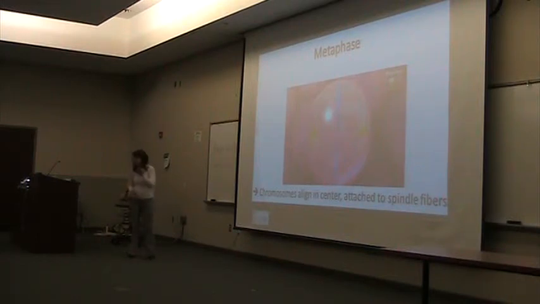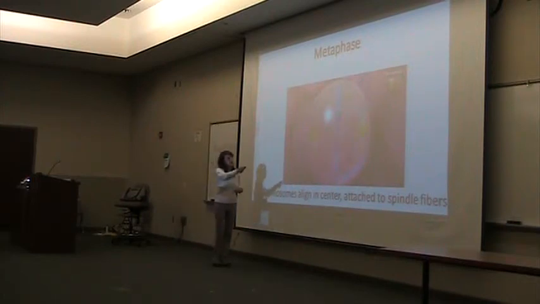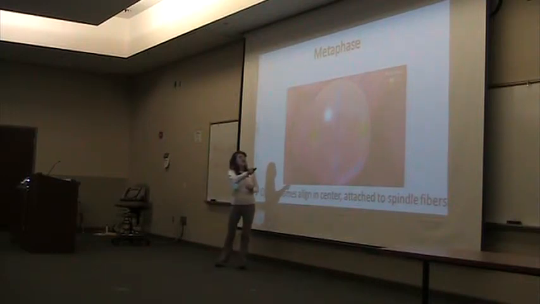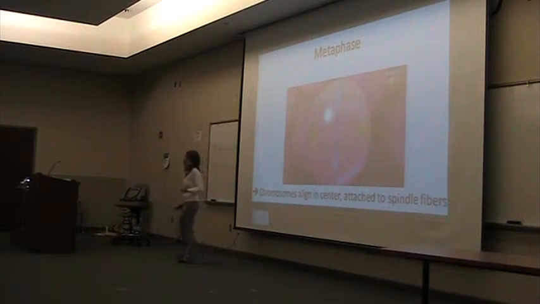Another thing you probably weren't able to see in the microscope is that each of these sister chromatids that have gone through replication in the previous S phase are each attached to spindle fibers that orient them to opposite poles of the cell so that you can see what's going to happen next. Then they're going to be able to pull apart. But at this point in metaphase, they've just aligned in the center of the cell.